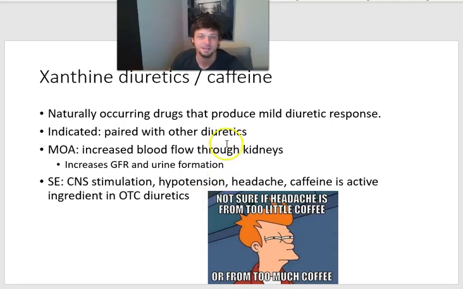Well, that's because it is a diuretic. What it does is it increases the blood flow through the kidneys. That increases the glomerular filtration rate, which then increases urine formation. The way it works is by stimulating the central nervous system a lot of times, and so speeding up your heart rate, dilating your blood vessels, that kind of stuff.